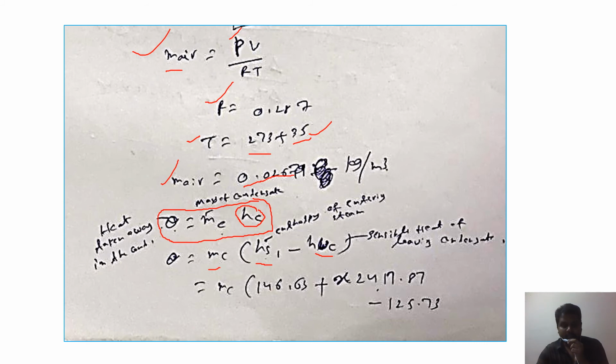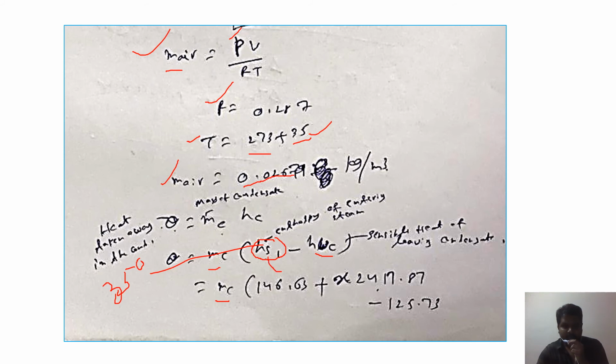After condensing, what is the enthalpy? To find this, we can write it as mass of condensate into the enthalpy of steam. This at 35 degrees centigrade, we have to refer to the steam table.